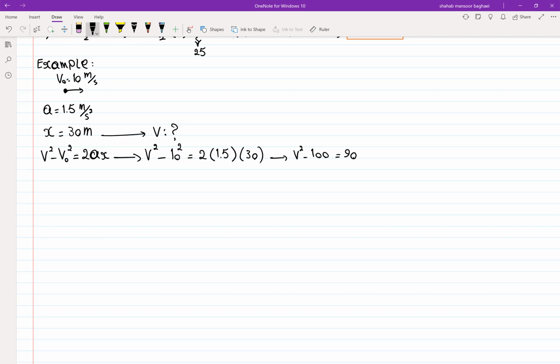Right side is 90. Therefore, move 100 to the right side. It is V squared equal to 190. So V squared is 190. What is V? You have to take the square root. V is square root 190. Therefore, V is 13.78 meter per second. Answer of the problem.